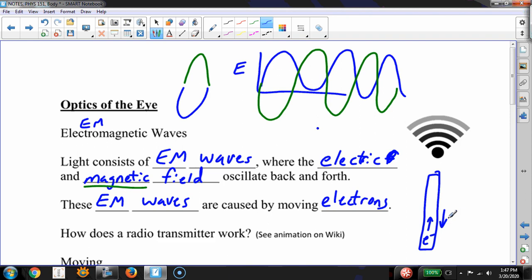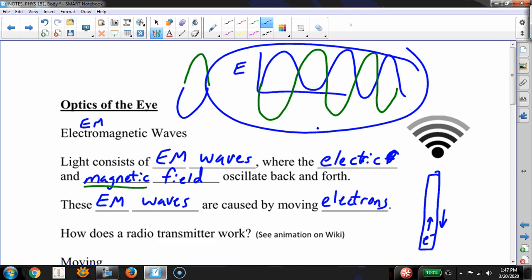They oscillate along that rod, and when they do, they generate these oscillating electric and magnetic fields, which is light, and it conveys information in a particular way. So at their very core, electromagnetic waves are caused by moving electrons.